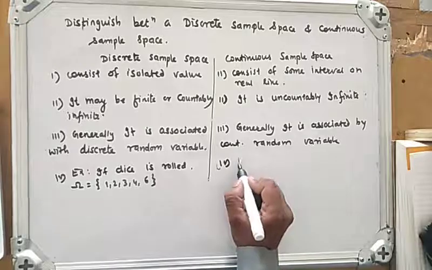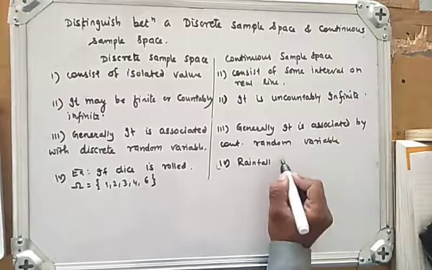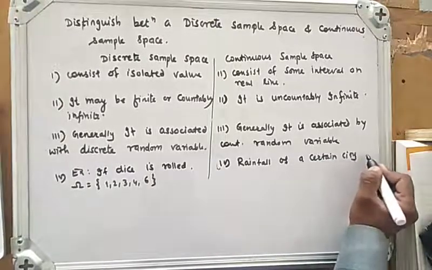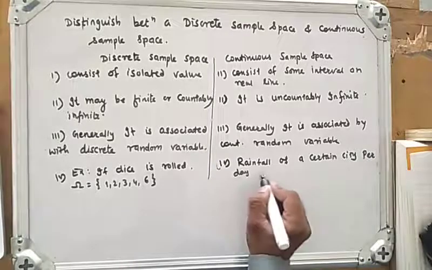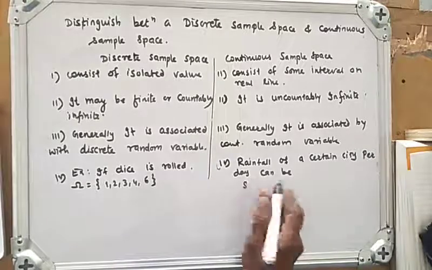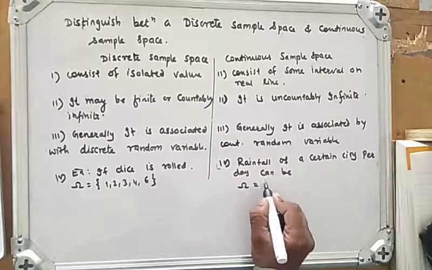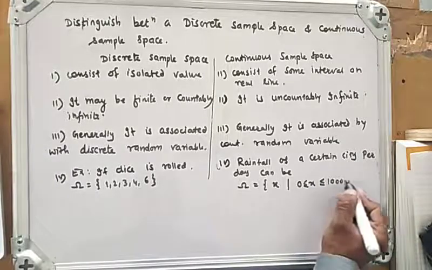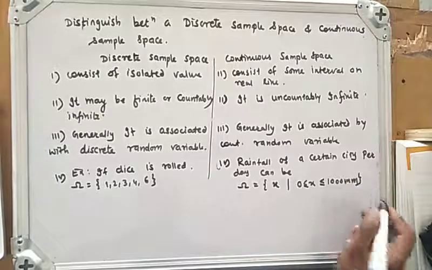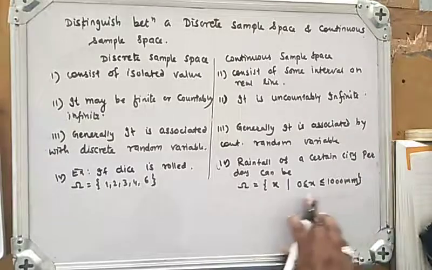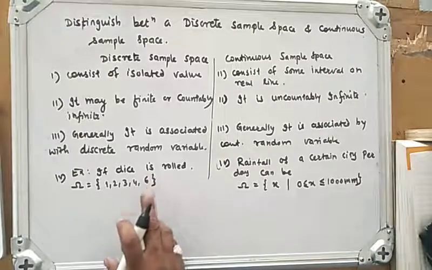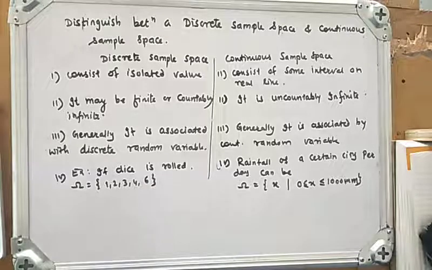For example, the rainfall of a certain city per day can be written as omega equal to x such that 0 less than or equal to x less than or equal to 1000 mm. This is an uncountably infinite sample space, and the die is a finite or countable sample space. So this is the difference between discrete and continuous sample spaces.